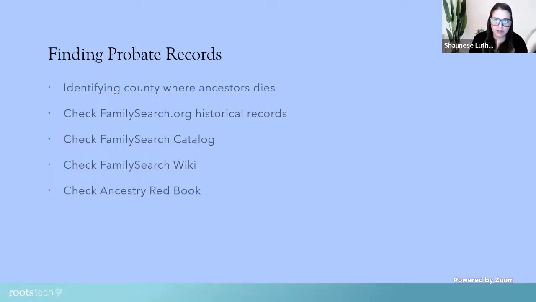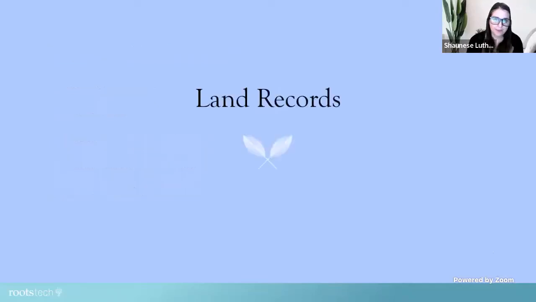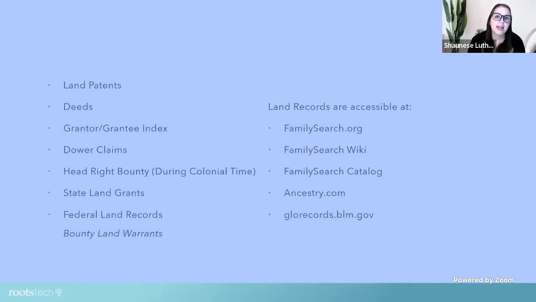So after probate records, we have land records. As I mentioned before, tax records will give you the idea to look for land records. Same with probate records. Same with censuses. So in land records, we have the land patents, the deeds, the grantor grantee index, the dower claims, the headright bounty, and this was during the colonial time.